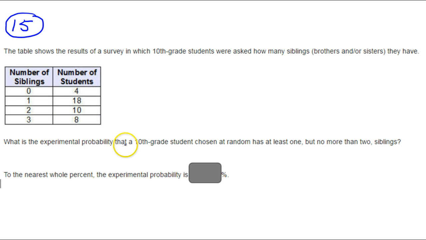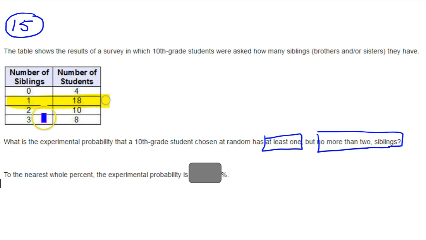Okay, what is the experimental probability that a 10th grade student chosen at random has at least 1, but no more than 2 siblings? All right, at least 1. Okay, so at least 1 would be 1 or more. Okay, so that could be like this many or this many or this many.